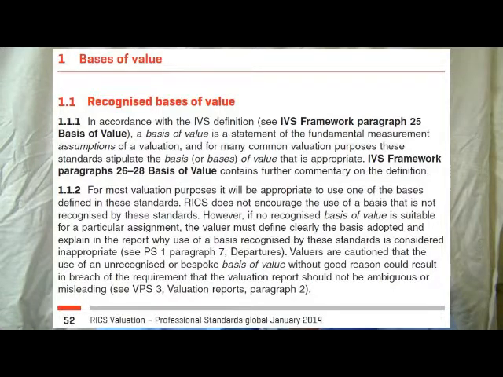However, if no recognised basis of value is suitable for a particular assignment, the valuer must clearly define the basis adopted and explain in the report why use of the basis recognised by these standards is considered inappropriate.